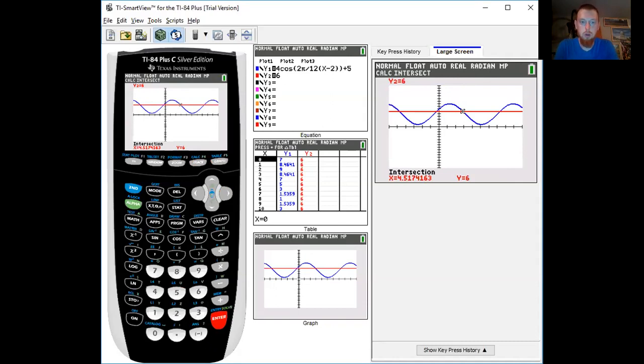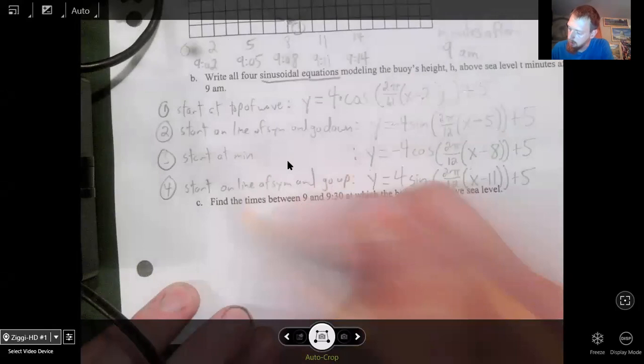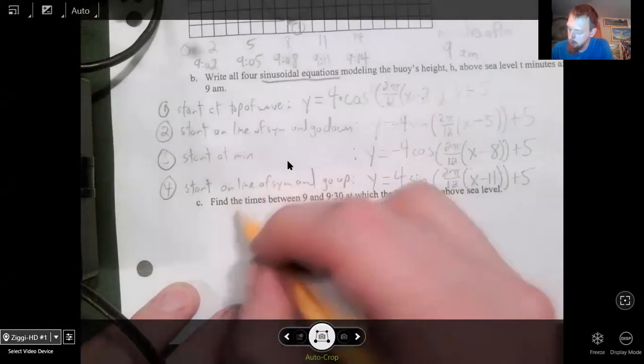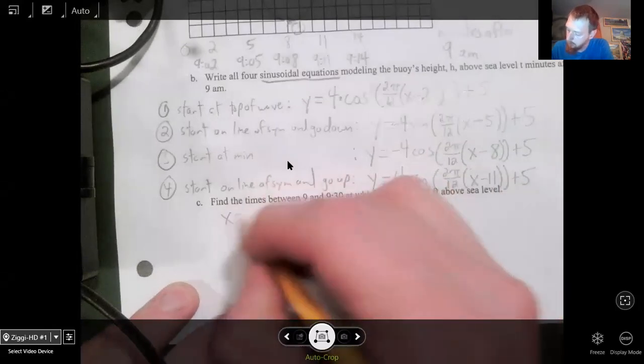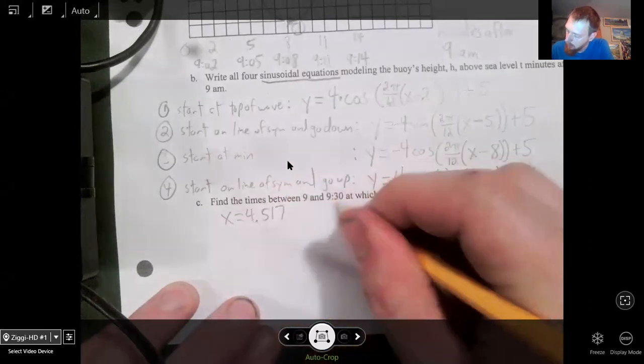So what exactly does that mean? Well, x equals 4.517 would be 9:04.